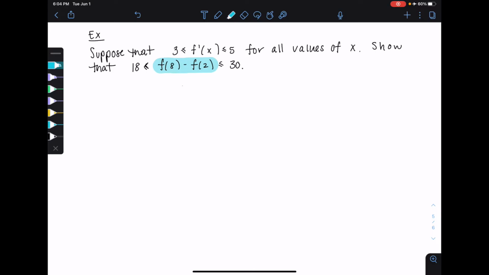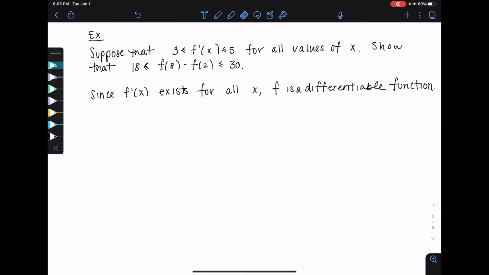So I want to apply mean value theorem on the interval starting at 2 and ending at 8. I still need to show all of my hypotheses are satisfied. I need this function to be continuous and differentiable. But because I know the derivative exists for all values of x, I'm immediately going to get that. Since f prime of x exists for all x, f is a differentiable function.